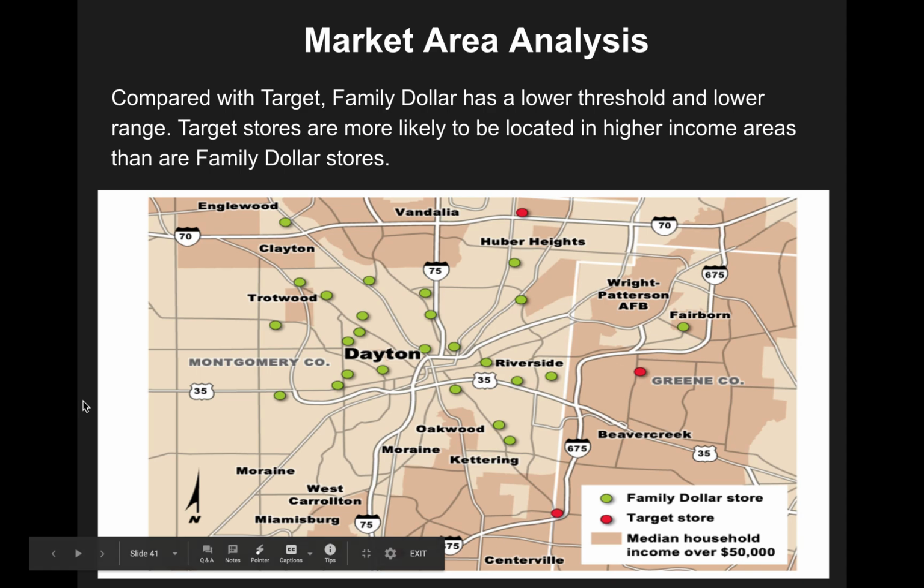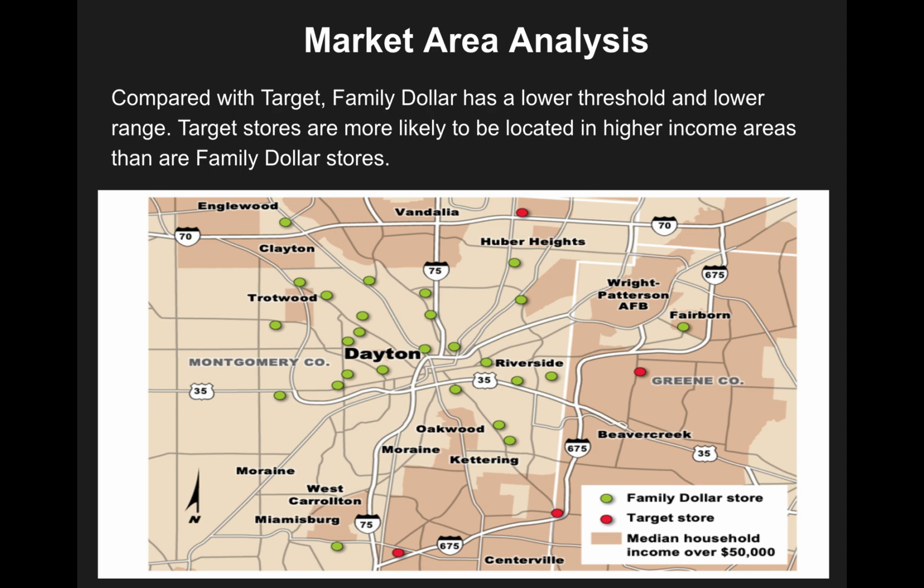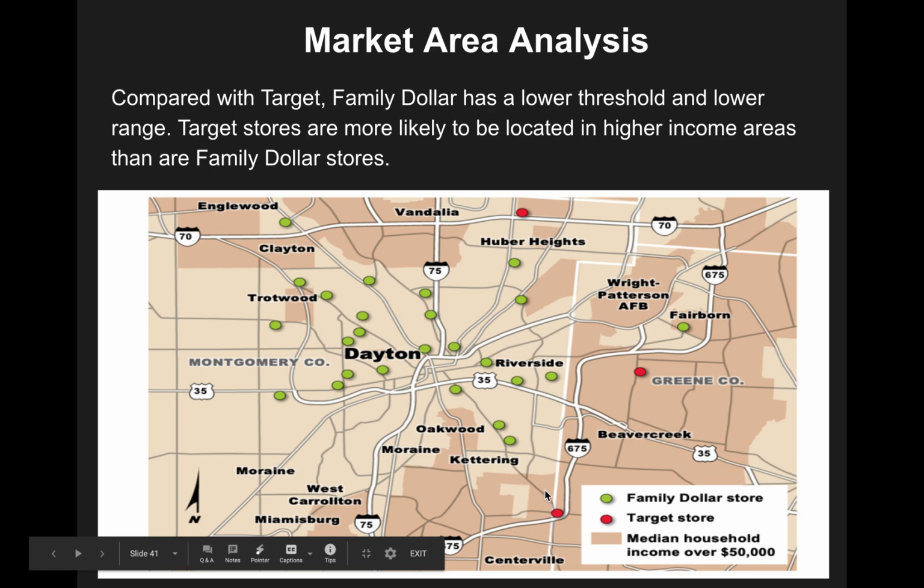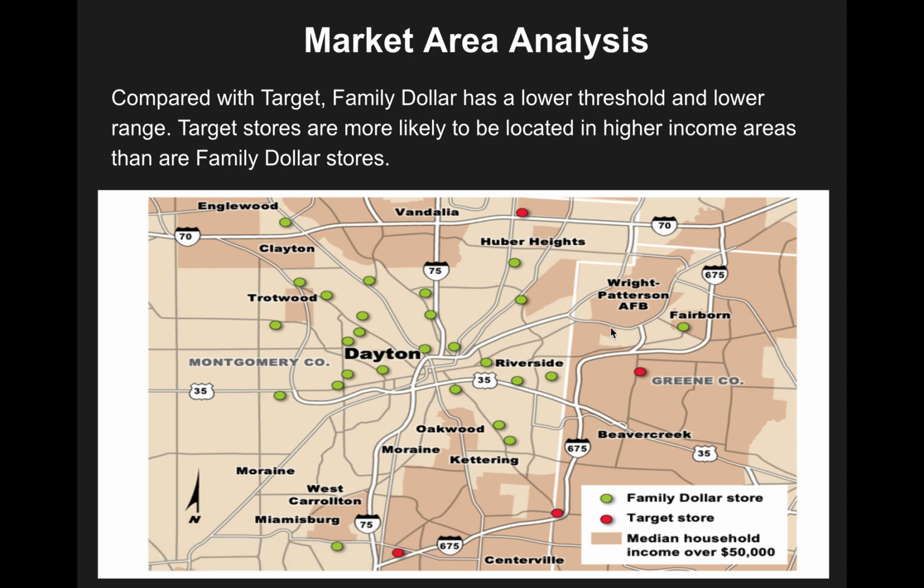Here we look at a market area of Dayton. We can see that consumer services oftentimes will use the gravity model based on GDP or wealthy consumers, and then they will put locations, in this case Target stores, where they have a larger threshold, a larger range. The residents have to be wealthier, have to have the ability to buy retail and wholesale merchandise.